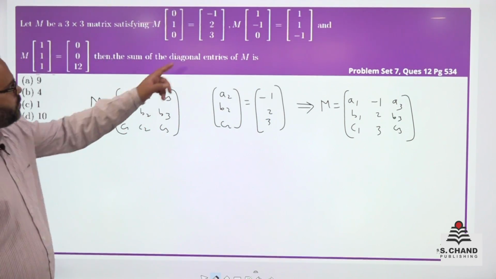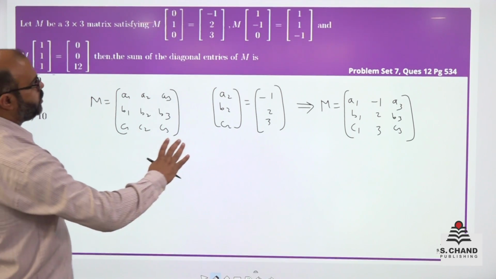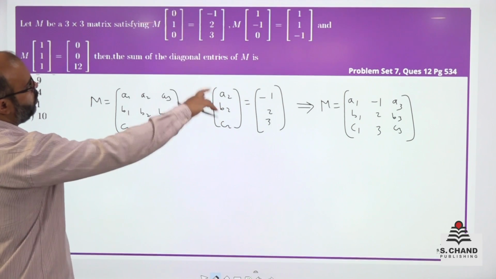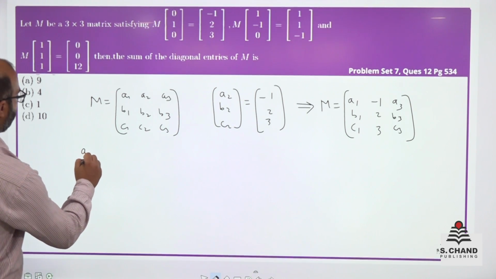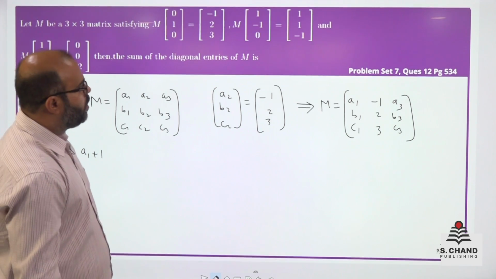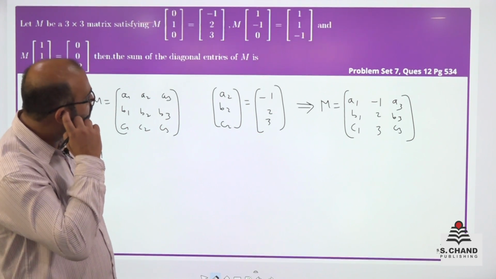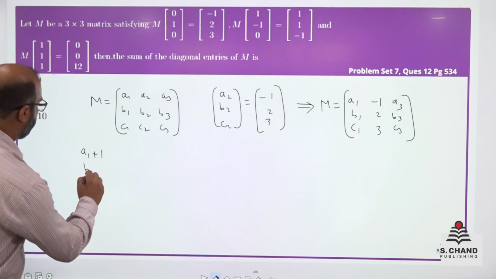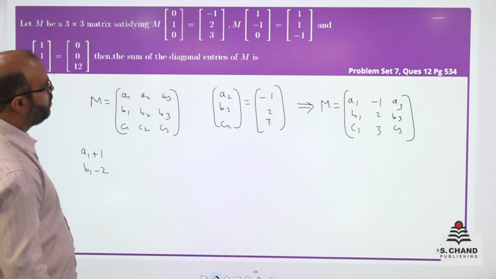Now this M when multiplied with 1, minus 1, 0. So again do the calculation. First row, first column, so A1 plus 1. Then second row, first column, B1 minus 2. Third row, first column, C1 minus 3.